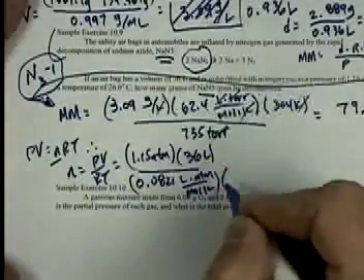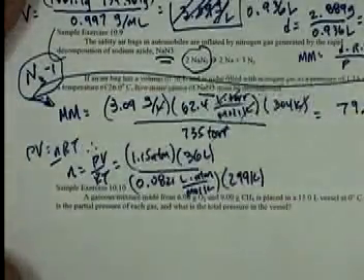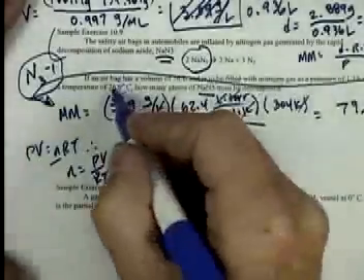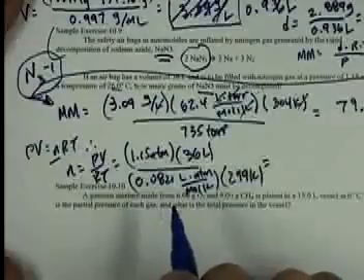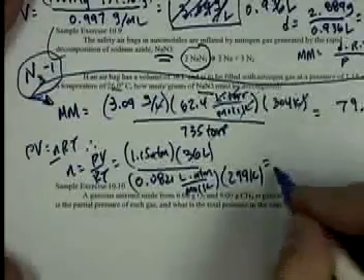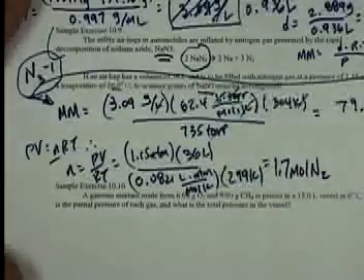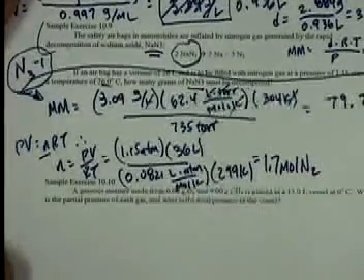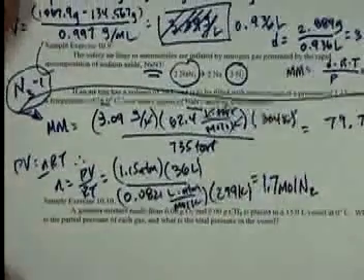And my temperature is 26 degrees Celsius, so 299 Kelvin. When I do that, my number of moles turns out to be 1.7 moles of N2. Now that tells me how many moles of nitrogen need to be decomposed.